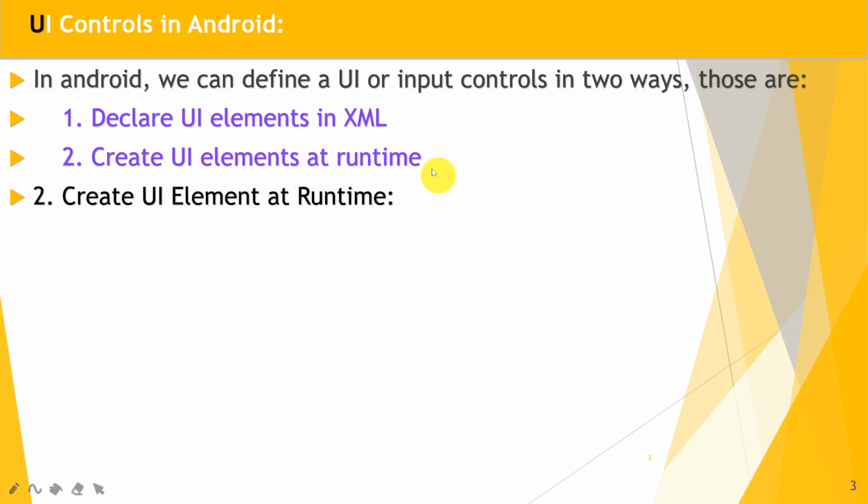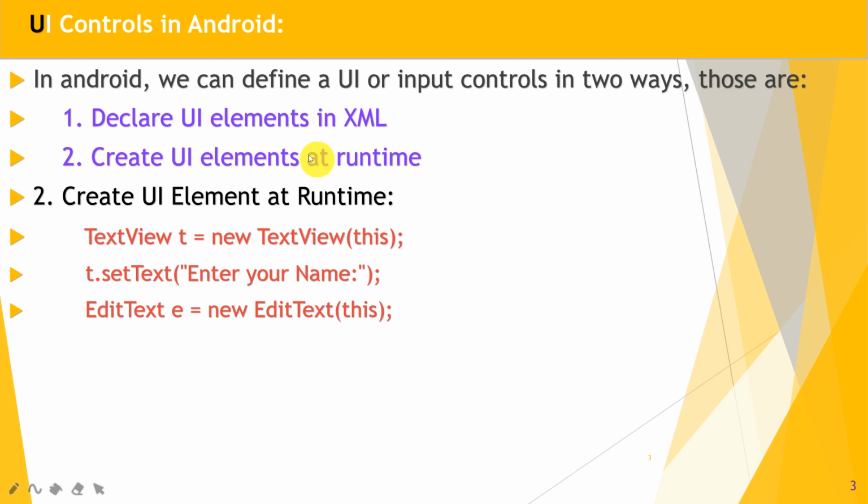We know how to create XML: we just drag and drop the control on the layout, that is activity_main.xml, and the background code is created automatically. Great. So now, how to create UI elements at runtime?